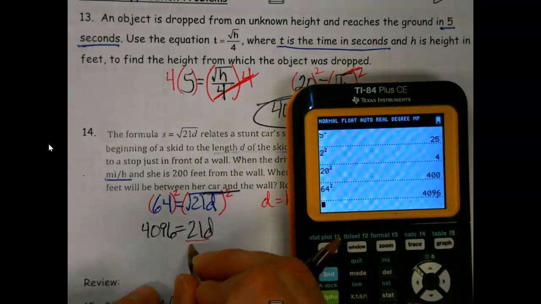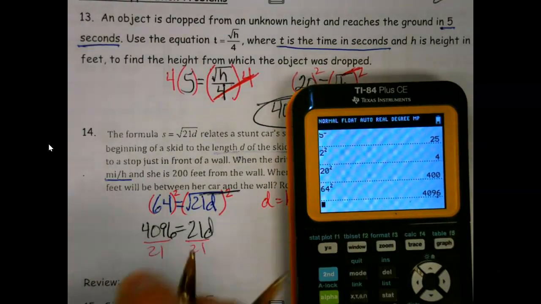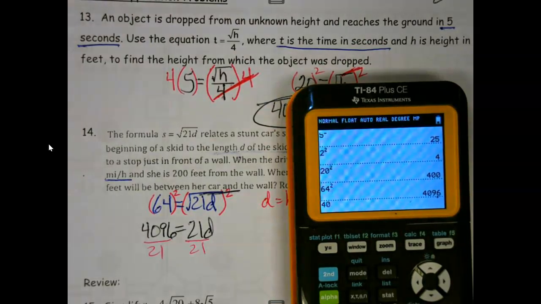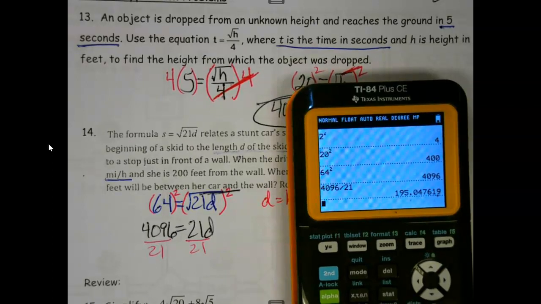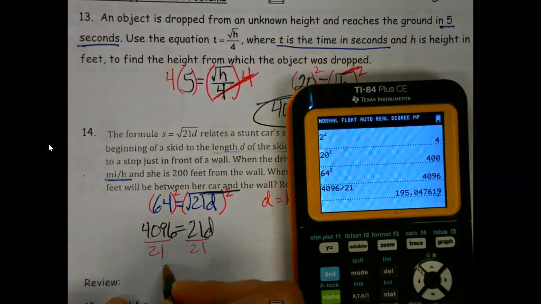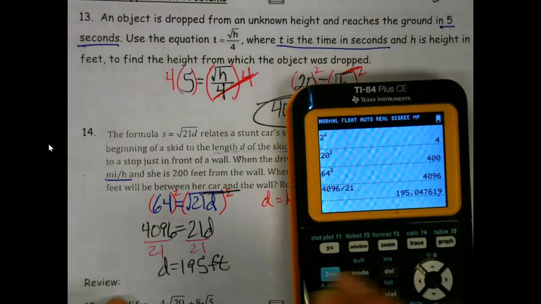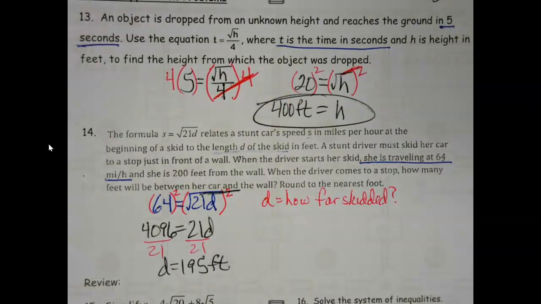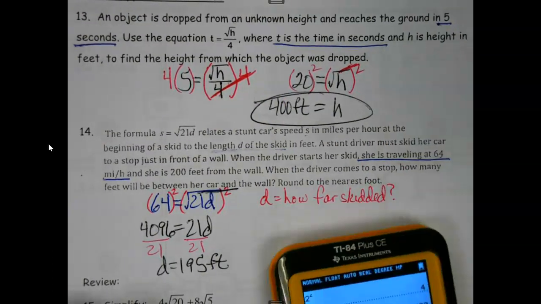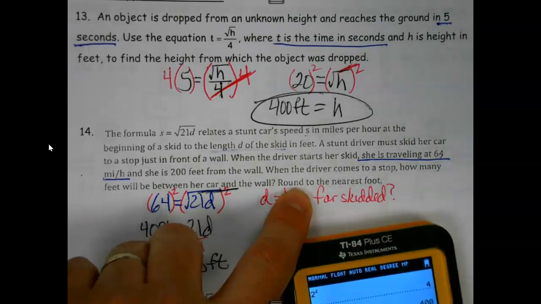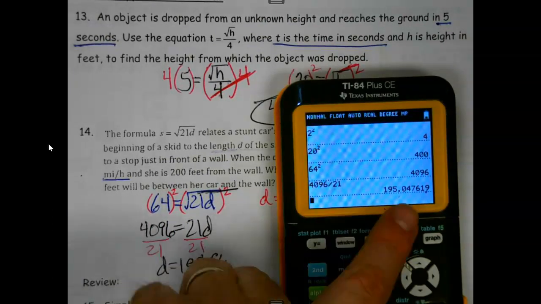But now since we're multiplying by 21, we're going to divide by 21, whoops, it'd help if I put the right number in. Ooh, that was close. So here, since it mentions rounding to the nearest foot, that's what I'm going to do with this.